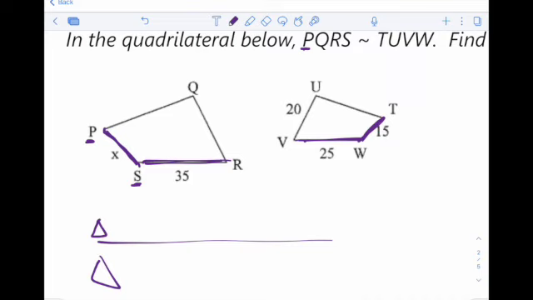If you look up at the top, PS would correspond to TW, which is this one right here. So you can use the letters to help you decide which ones correspond. I'm going to do 15 and 25, those are the 2 lengths from the small quadrilateral, and then x over 35.